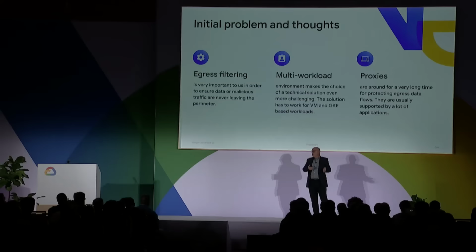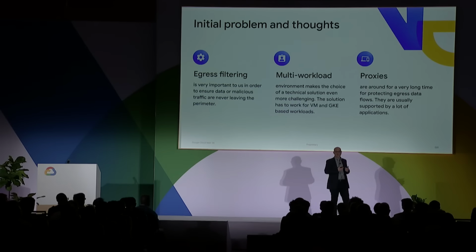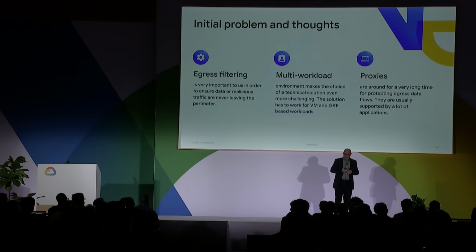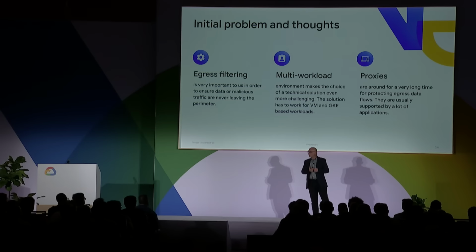The second parameter that we need to take into account is that we have multiple types of workloads. We have VMs. That was what we were using 5 years ago. We have not decommissioned everything, but we still have VMs with Google. We have Kubernetes Engine workloads. But we need to have something which is equivalent, ubiquitous for all the estate. And frankly, Sid, you mentioned that, Squid has been around for quite a long time.